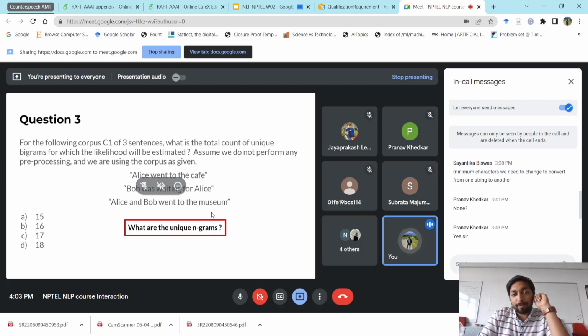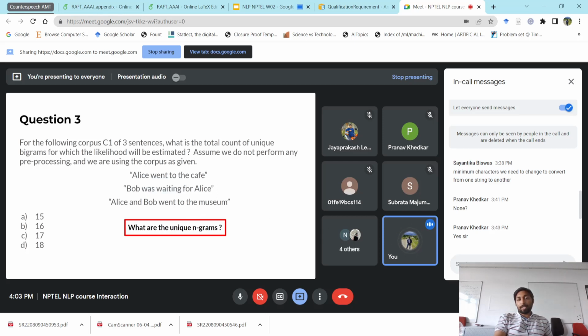So can you suggest some of the bigrams from here? Just write it in the chat. There is one hidden thing that is not given here, but we have to use that. So anyone who can guess it? But in any case, let us first write some bigrams.